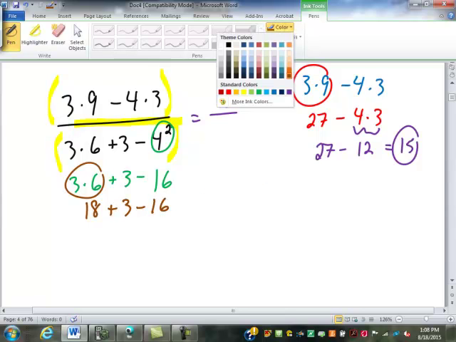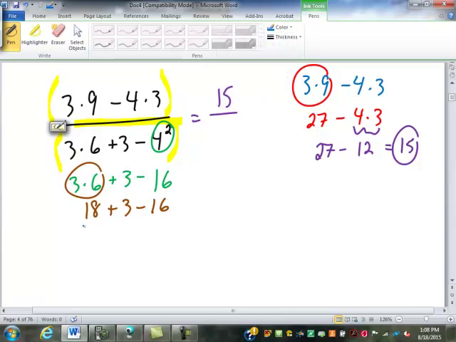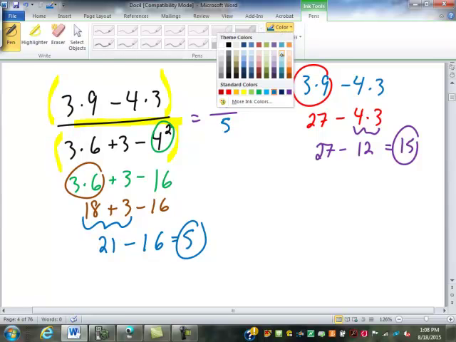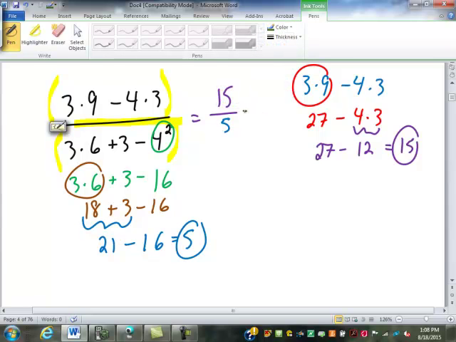And then add what? 18 plus 3 is 21. Minus 16 is 5. So the bottom reduces to 5. Are we done? Almost. What do we do next? 15 divided by 5 is 3.